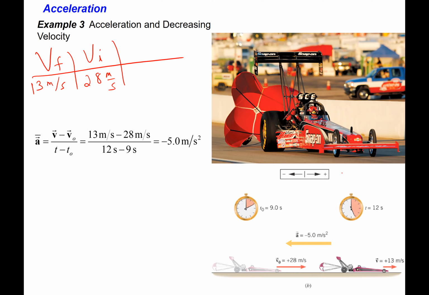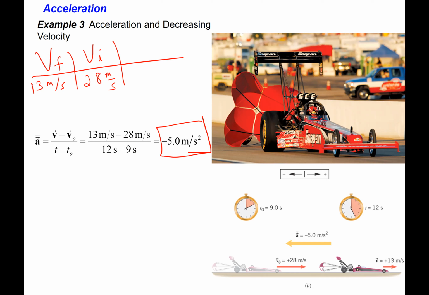So now we have to find the change in time, t final minus t initial. When we solve this problem, we notice then that the acceleration is negative. Now, the negative acceleration, we sometimes call that deceleration. It simply means that the object is slowing down. And clearly, it has to be slowing down because the final speed is less than the initial speed.